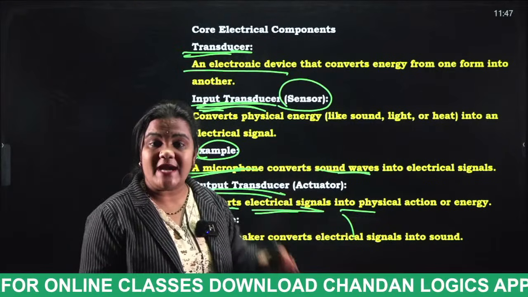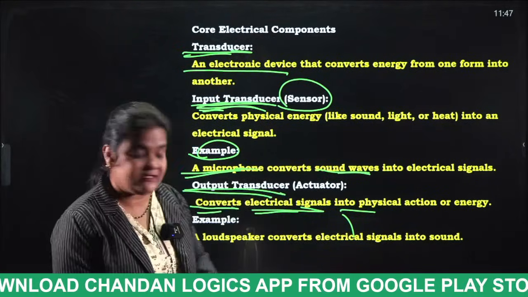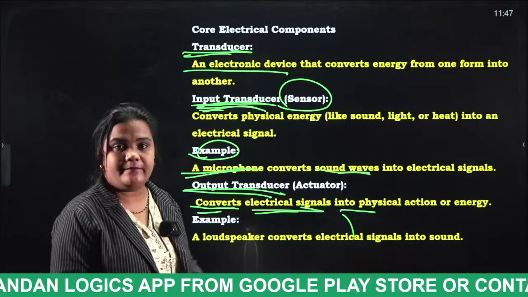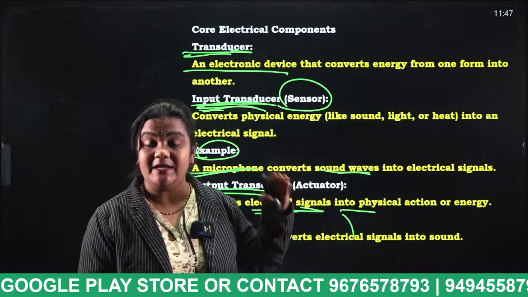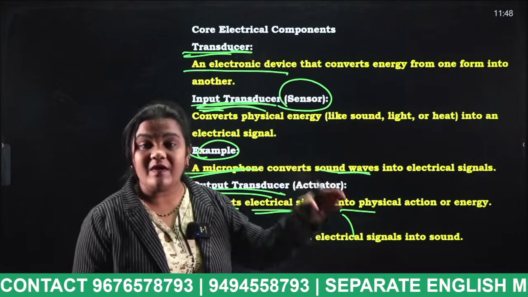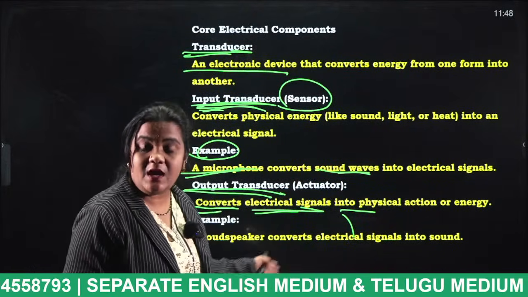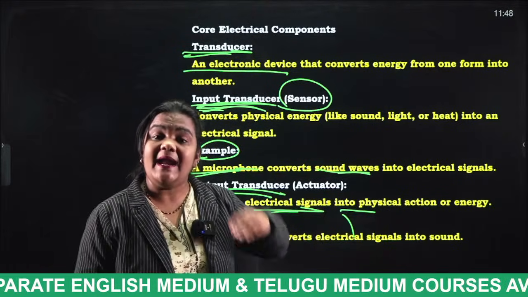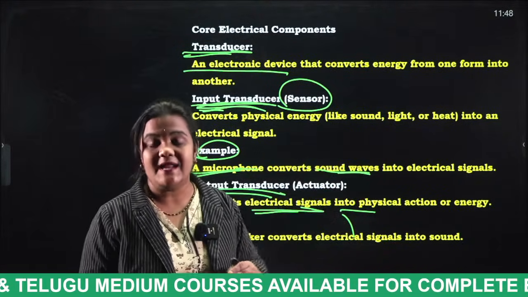It converts electrical signals into physical activities. For example, a loudspeaker. What is the input transducer example? Microphone. In a microphone, sound waves are converted into electrical signals. And in a loudspeaker, electric signals are converted into physical activities.